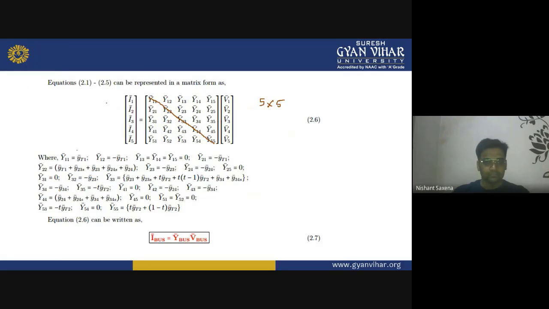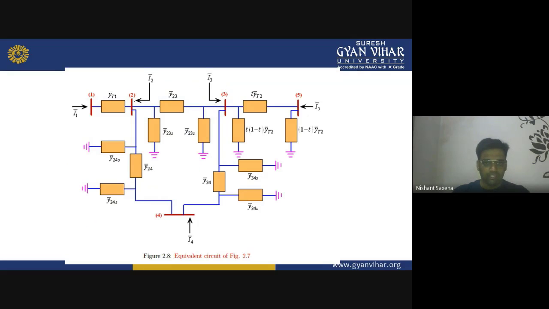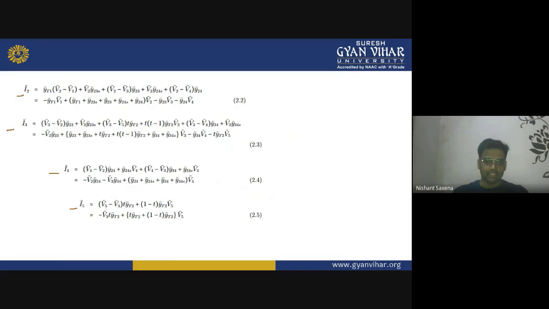Now Y12 is minus of YT1. When we are writing it with 1 to 2, that means we are moving from 1 to 2. We will be taking this as a negative. We will always take the off diagonal elements as negative, as a negative polarity.